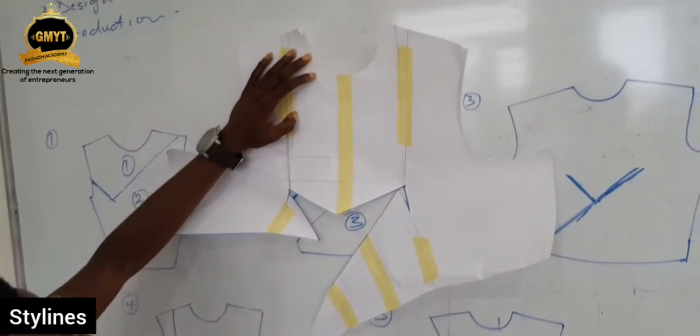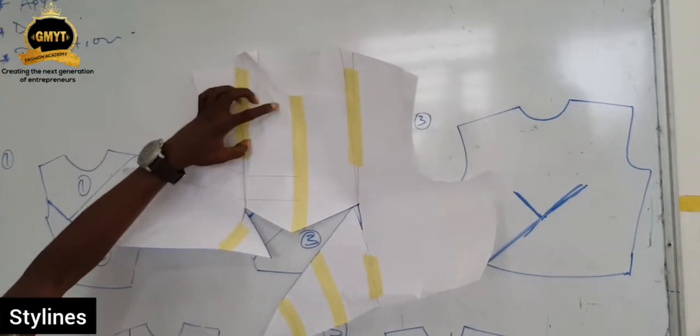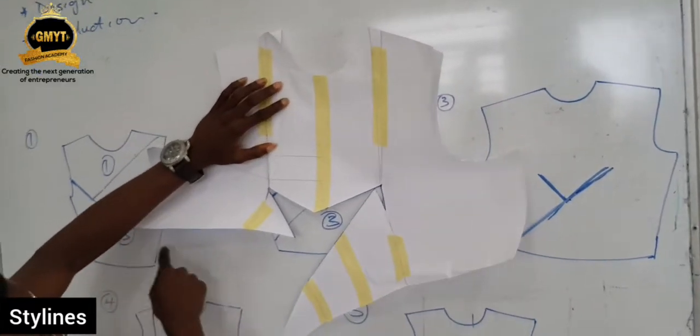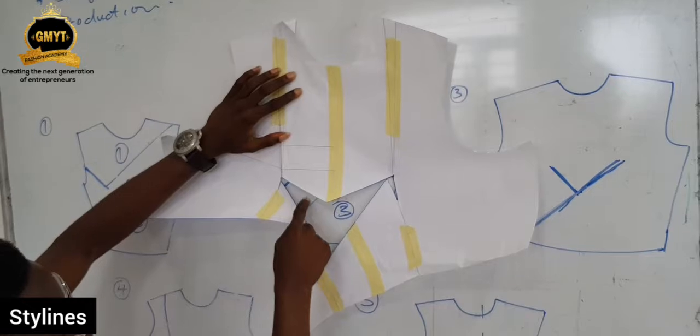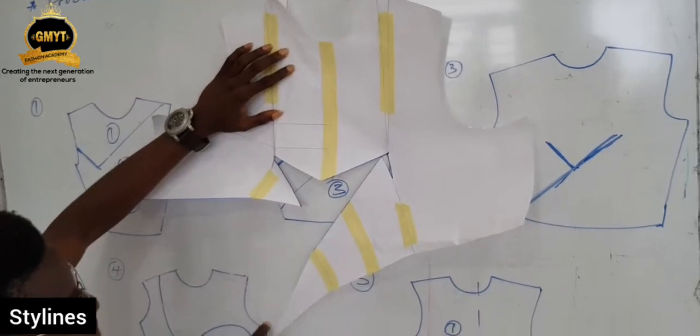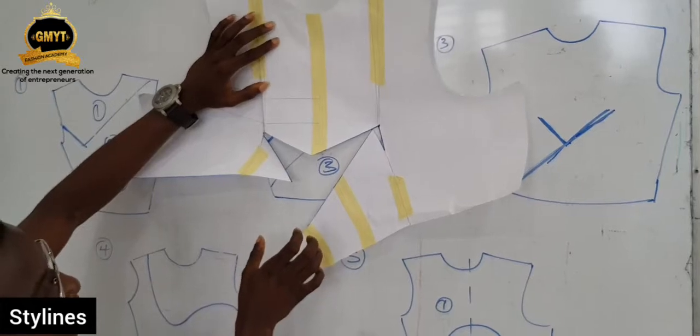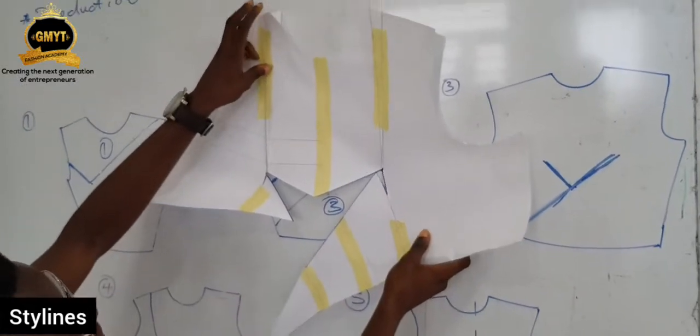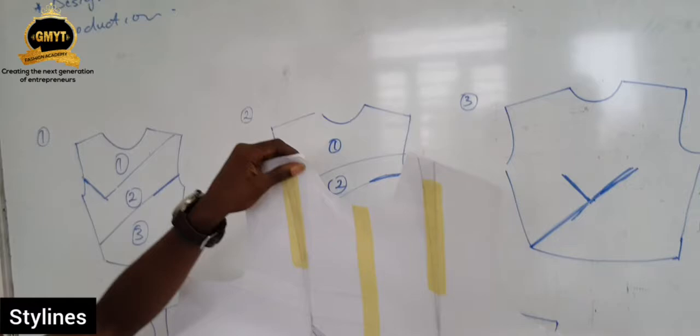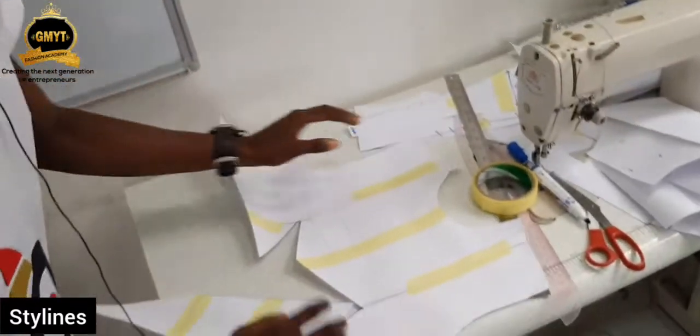Now if I'm to connect them together, it means I am adding my sewing allowance, half an inch, all the way back to this place in order for me to sew them together. It might be a little bit tricky, but you just have to be patient when doing the sewing.